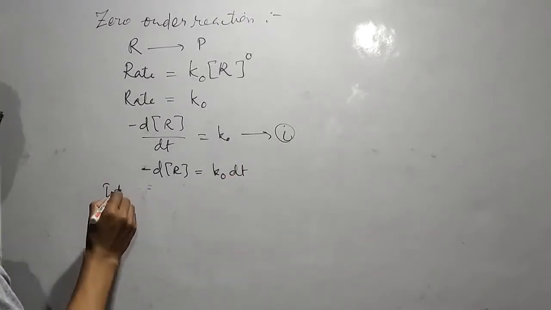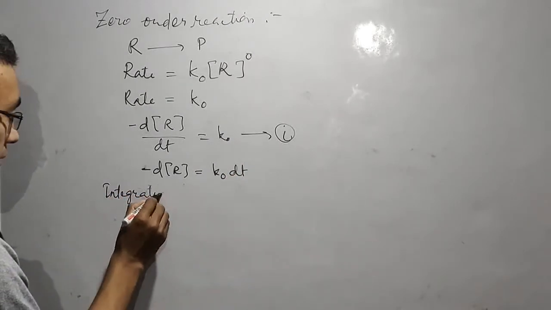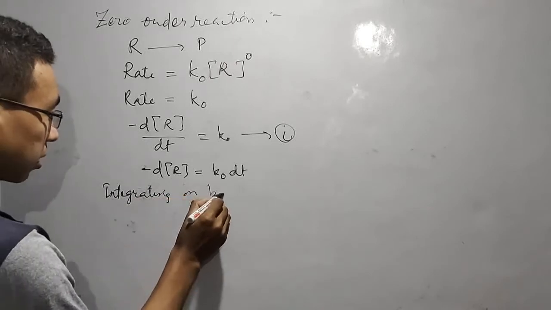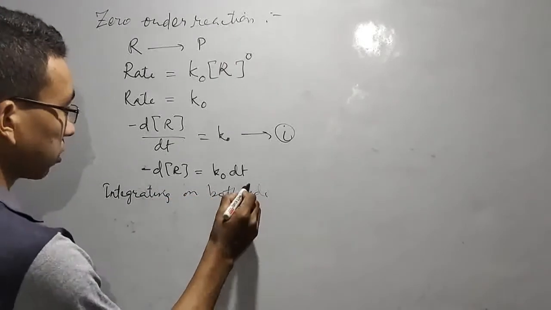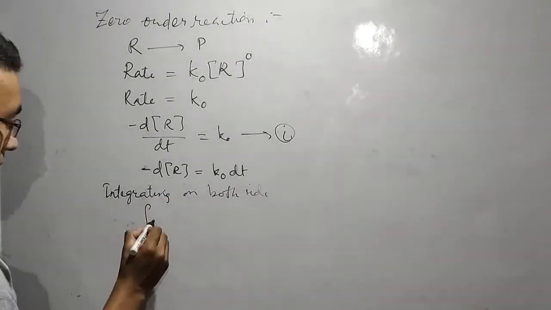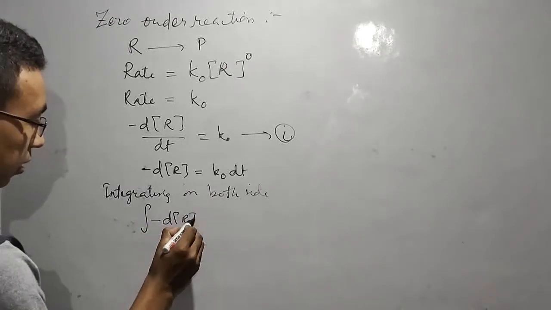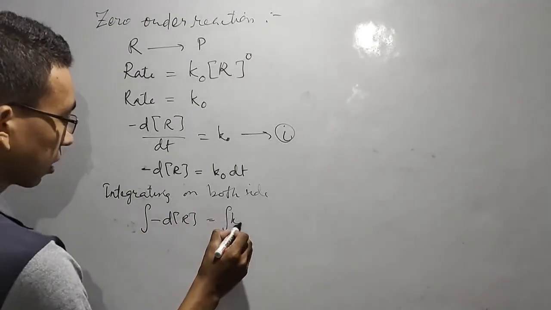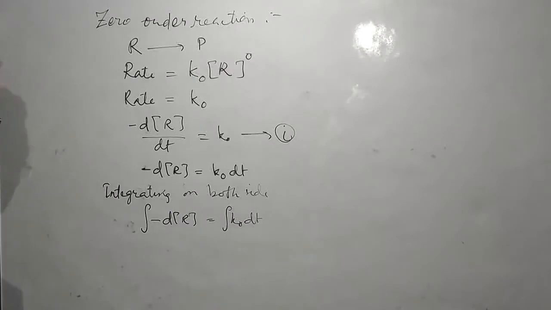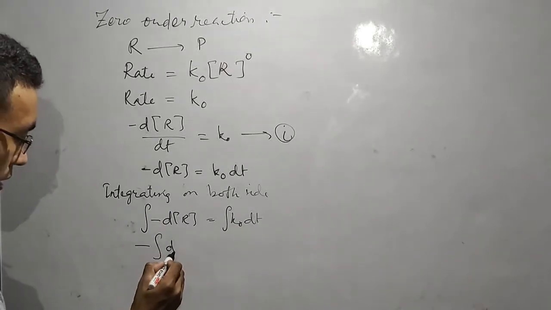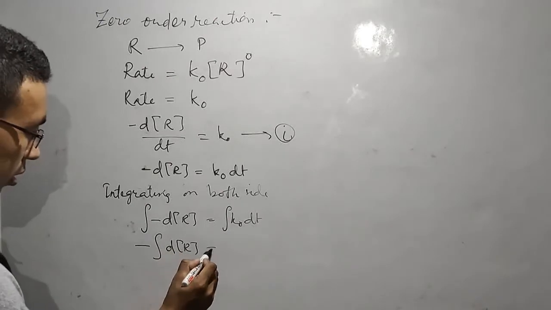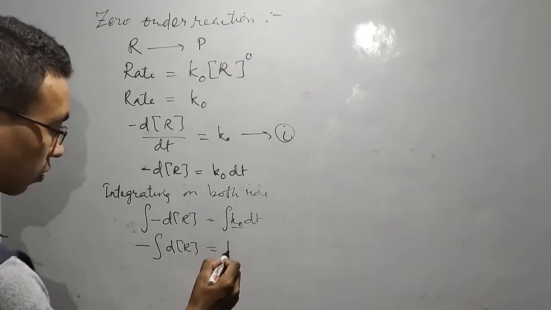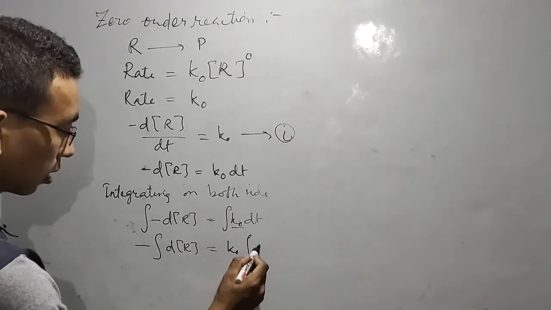Integrating on both sides, we get the integral of minus d[R] is equal to the integral of k naught dt. The minus sign will come out of the integration, and k naught is a constant, so it will be outside.